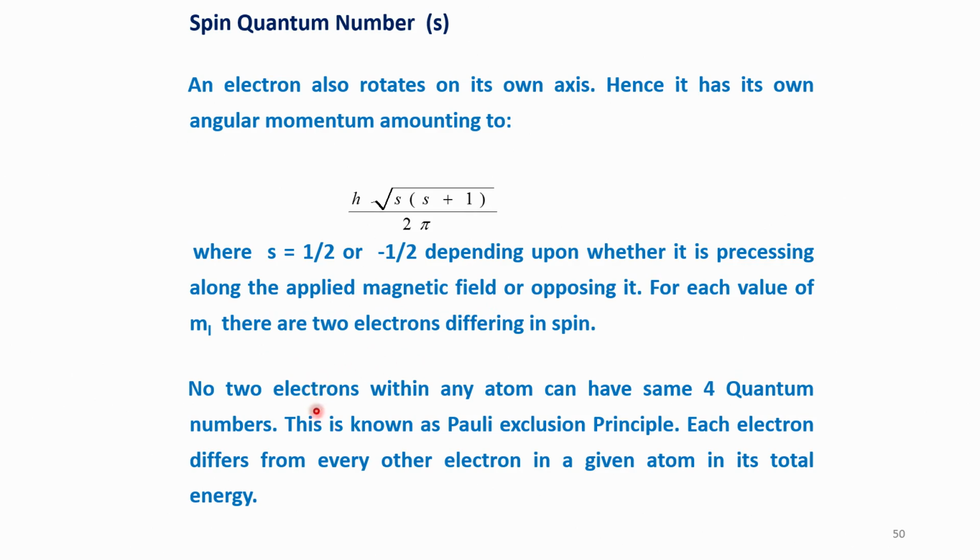So, no two electrons within any atom can have all the same 4 quantum numbers. This is known as the Pauli exclusion principle. Each electron differs from every other electron in a given atom in its total energy.